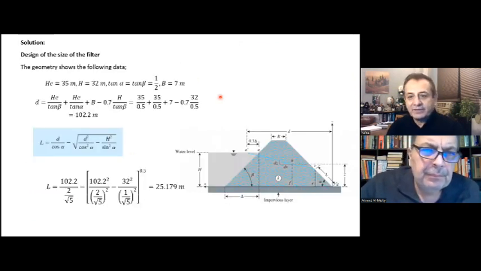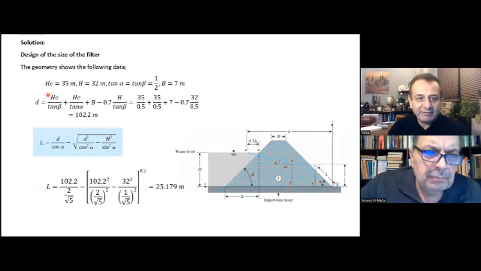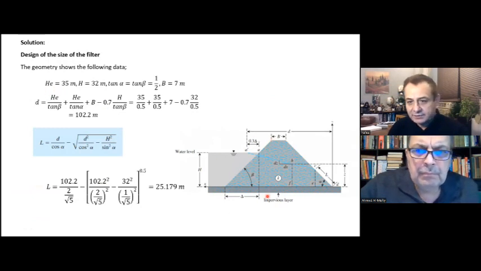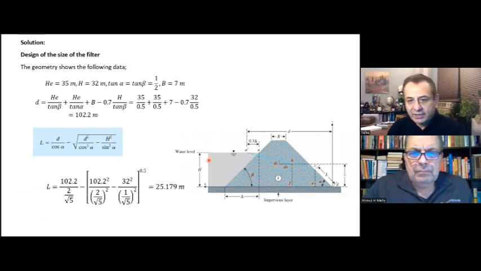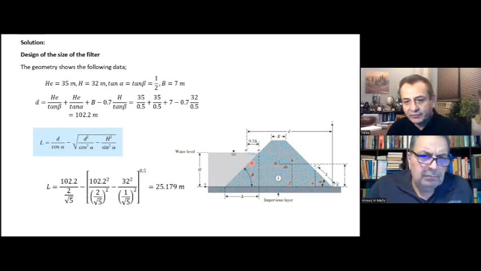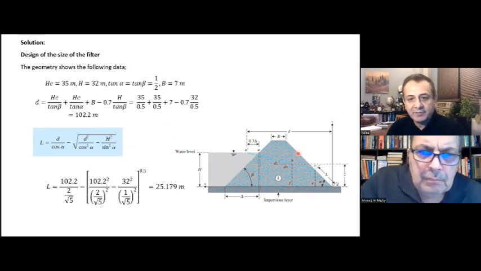All right, so we're going to start with the first step, designing the size of the filter. From the data, we have the height of the embankment, 35 meters, H, the height of the water, 32 meters, tan alpha and tan beta are 1/2. If you remember, the slopes from both sides, upstream and downstream, are the same, and B was 7 meters.